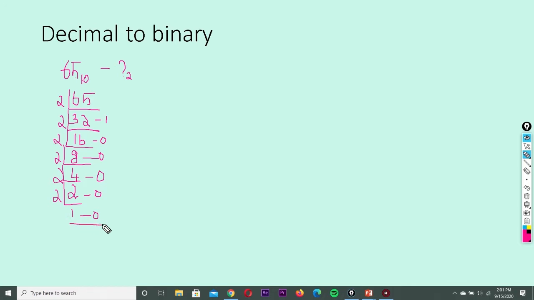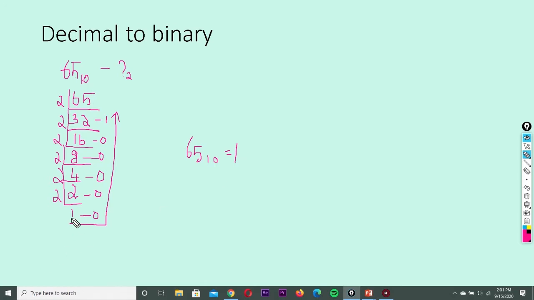Now we have to write the answer: all the remainders starting from bottom to top. So 65 decimal equivalent is equal to 1000001.